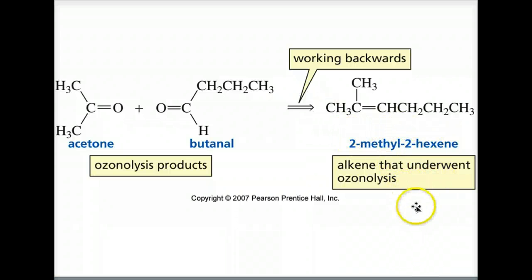This is the alkene that underwent ozonolysis to produce these two products. If ozonolysis of an alkene followed by workup under reducing conditions forms acetone and butanal as products, then the alkene was 2-methyl-2-hexene, as you can see here.